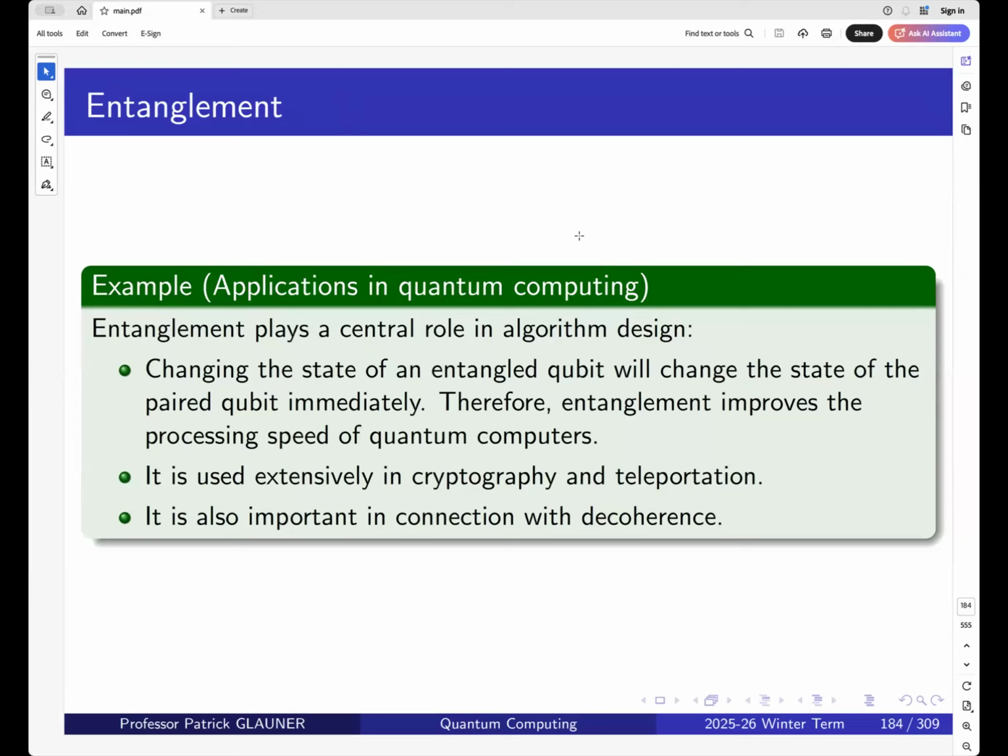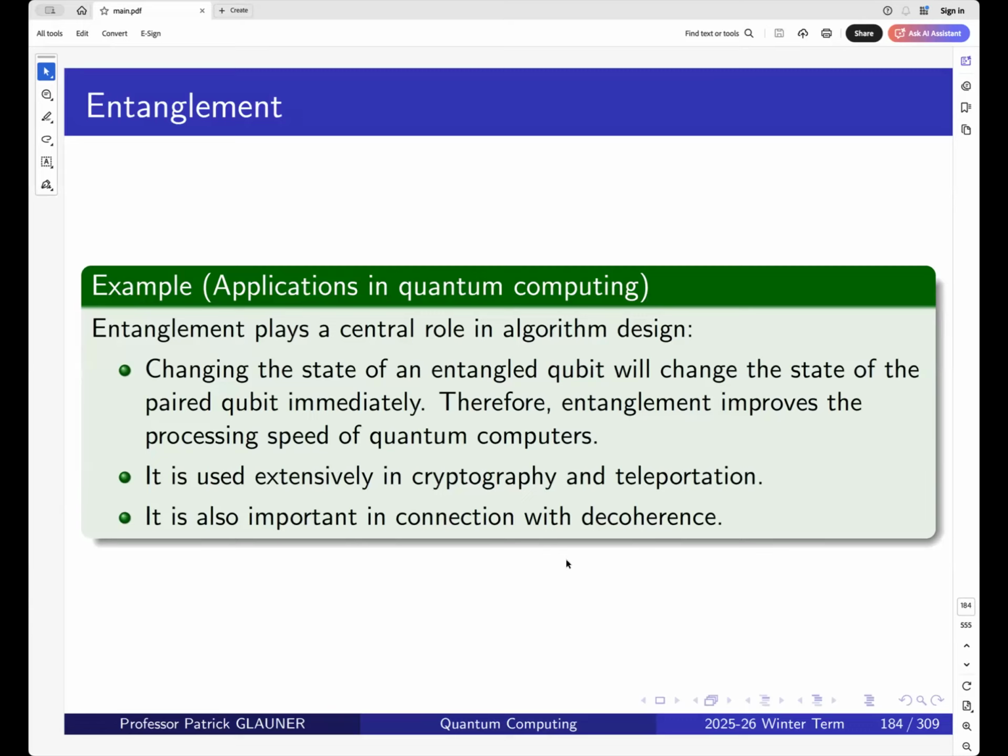So entanglement can lead to an improved processing speed of quantum computers. Entanglement is also used in various cryptographic algorithms, as well as something called quantum teleportation. Maybe that's something interesting for a seminar presentation.